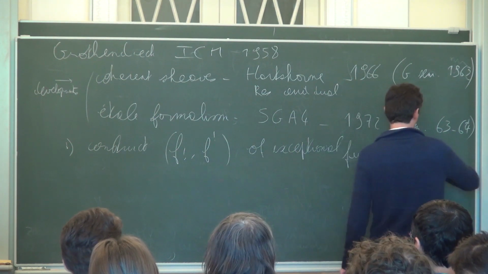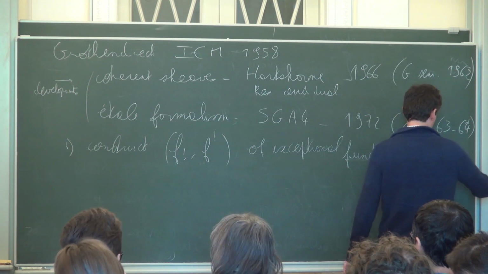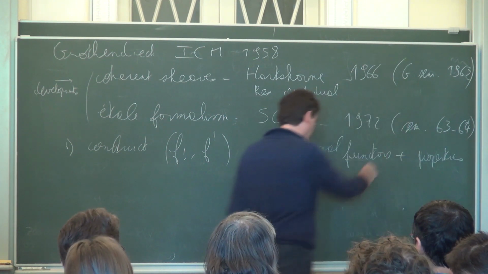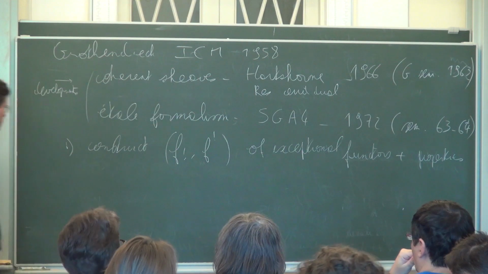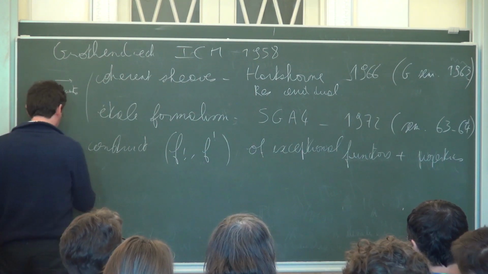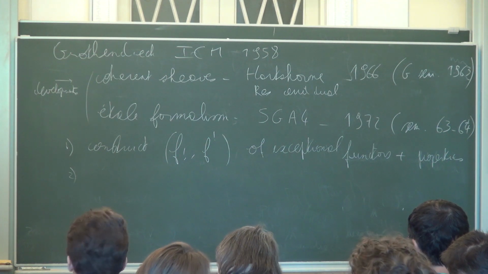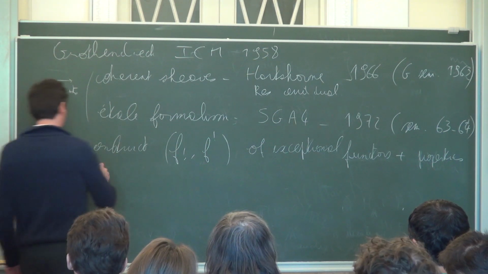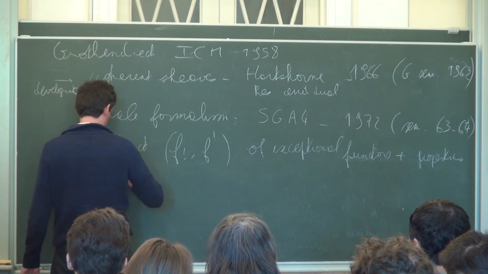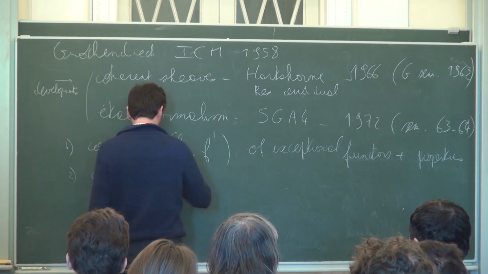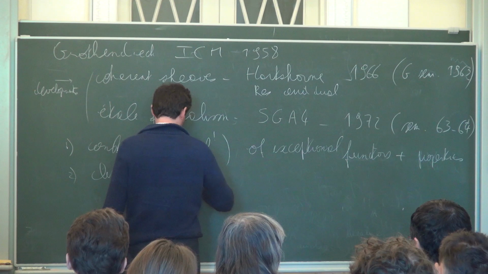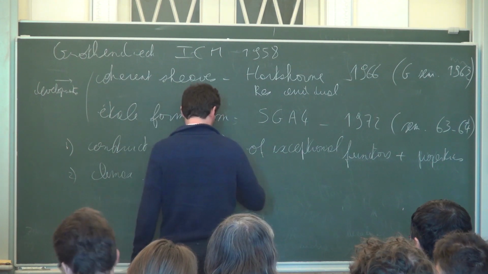And prove their many properties, and these properties are what is called the Grothendieck six functor formalism. And then there is another part, which is let's say the climax of this construction, the duality statement.